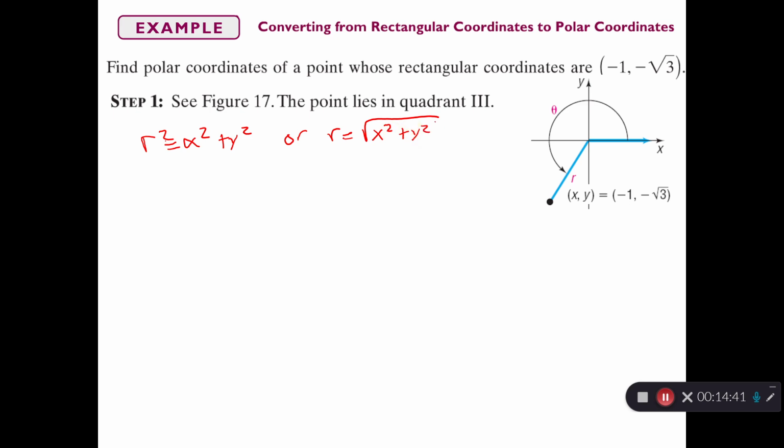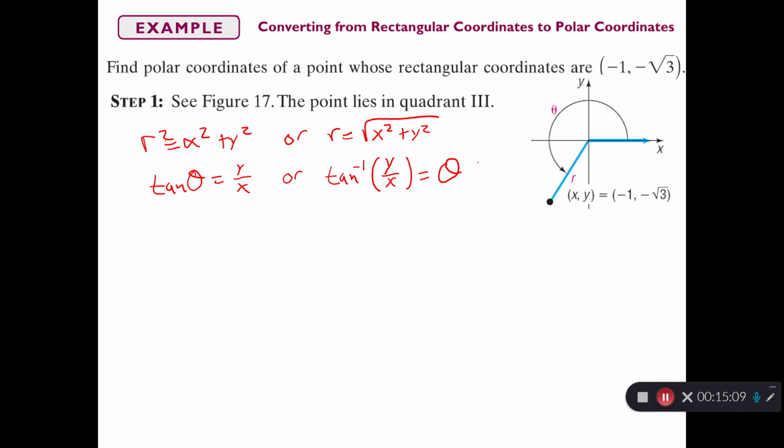We also have tangent theta equals y over x, or you can say arctan y over x equals theta. So we're going to use these conversion equations to our advantage because we have an x and a y, not an r and a theta just yet.